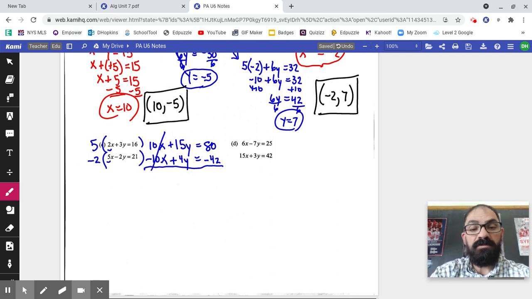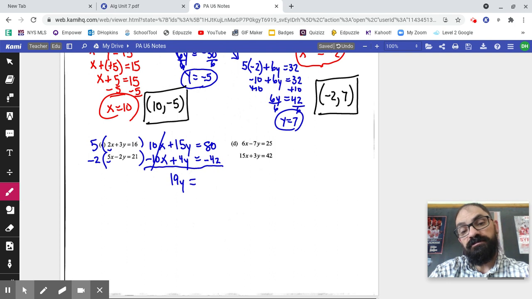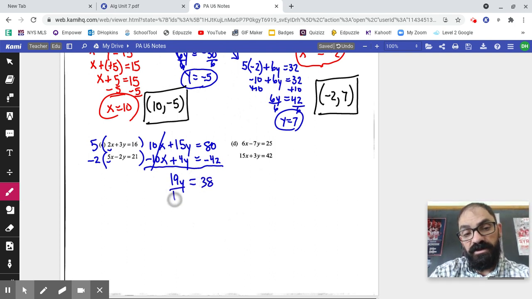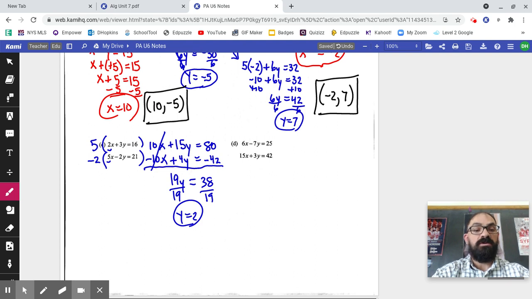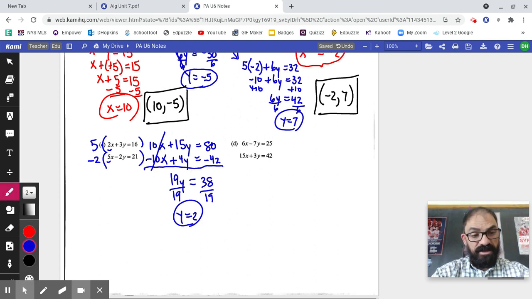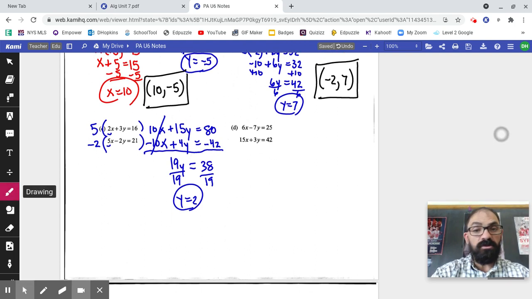The x's cancel. 19y equals 38. Divide by 19, and we get y equals 2. Let's plug that back into either one of the two original equations.